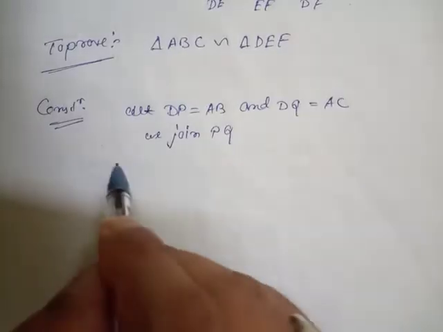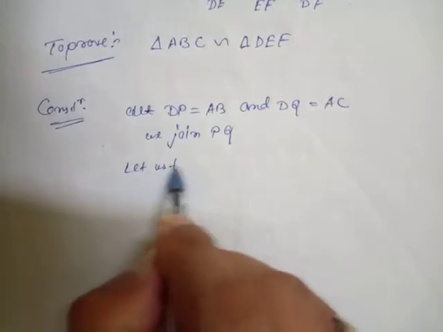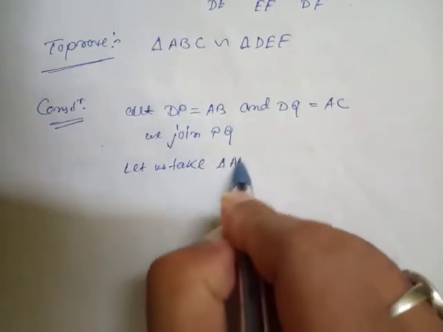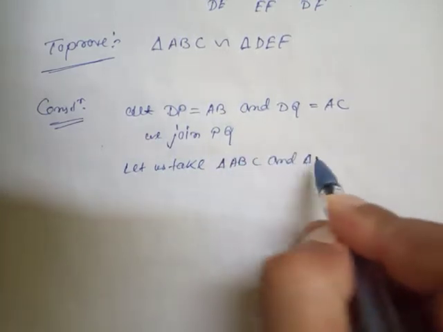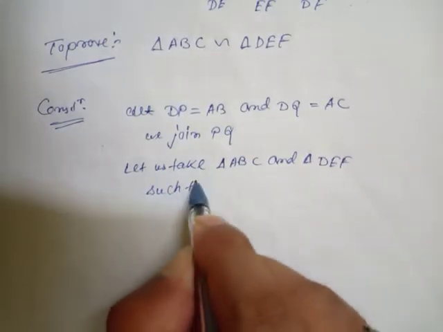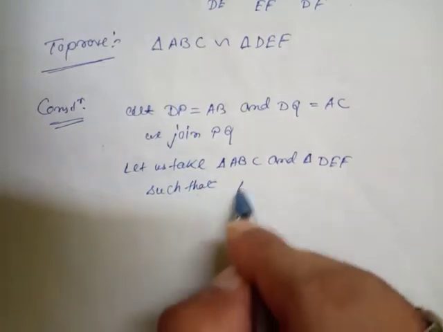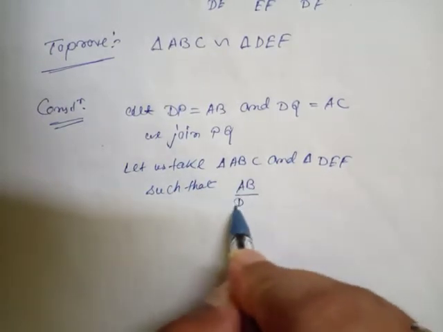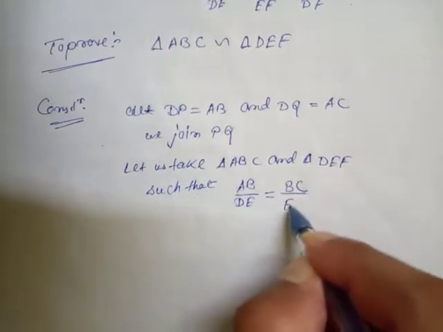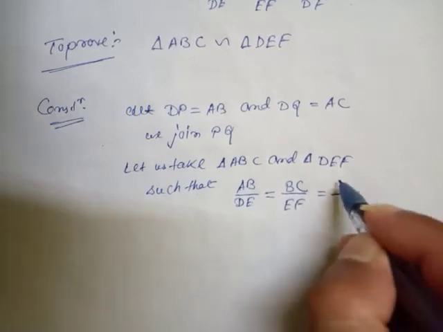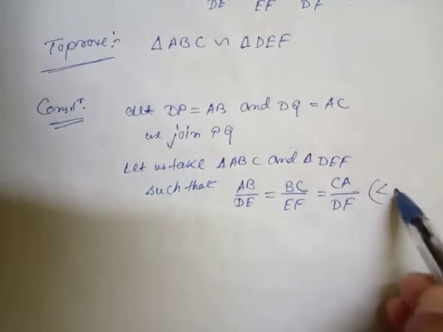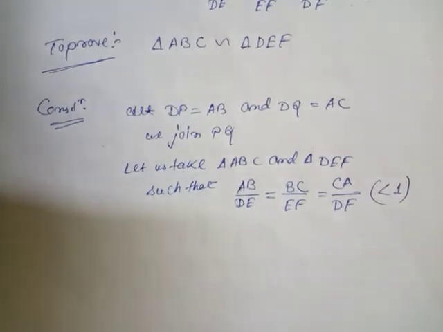Student, let us take here in the part of construction that triangle ABC and triangle DEF are such that AB by DE and BC by EF, then CA by DF, and here I am writing less than 1. Why? Now look in the diagram.